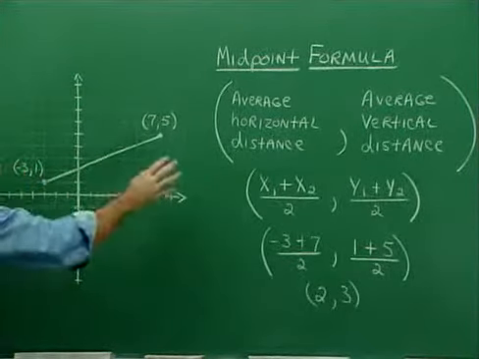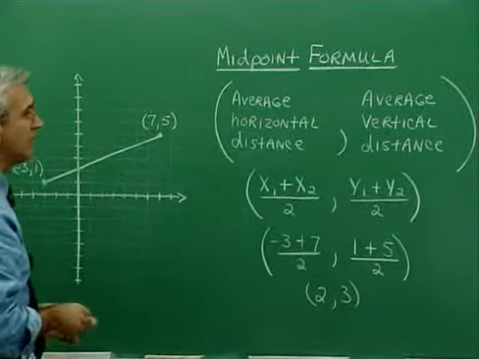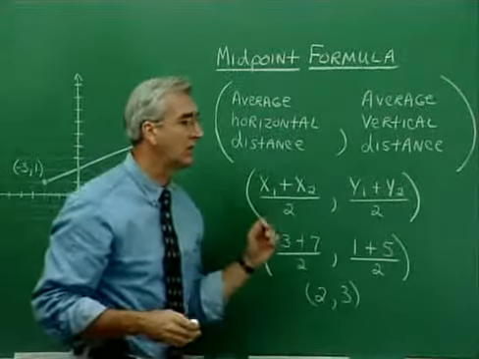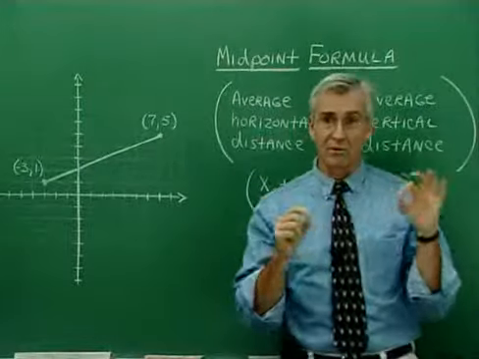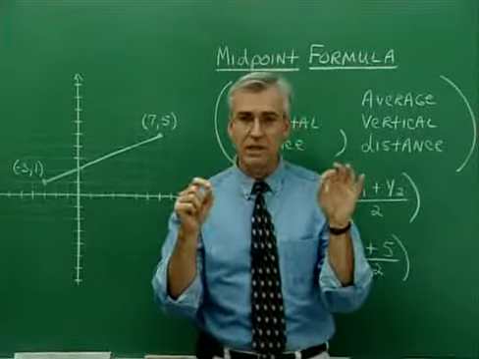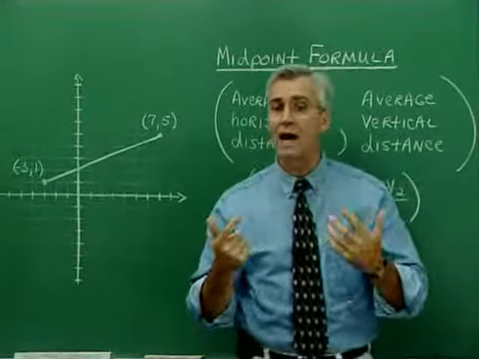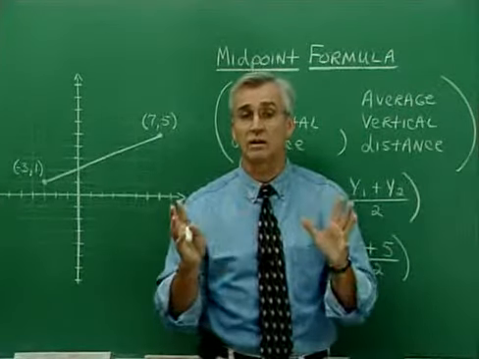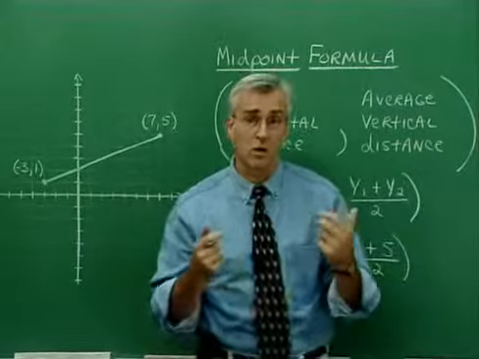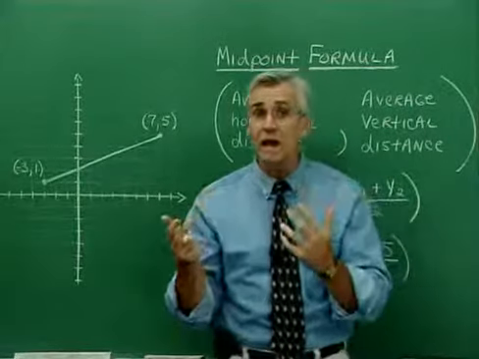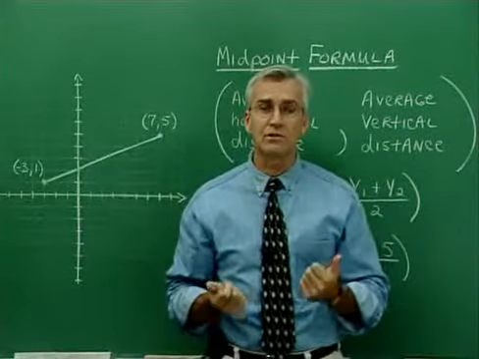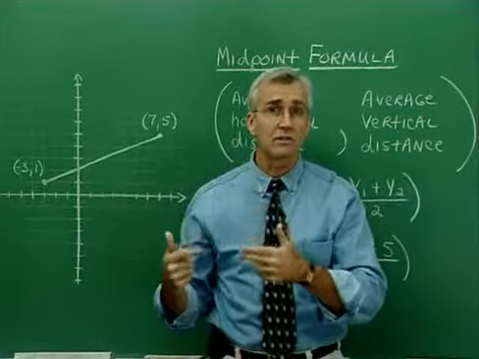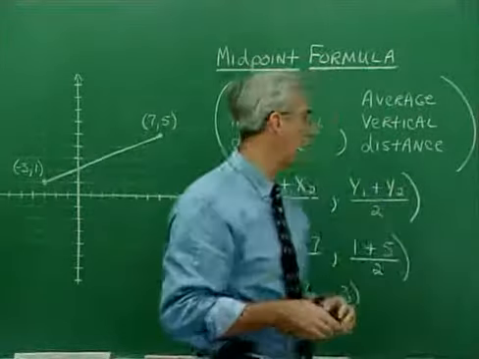And averages, you know, are calculated by taking some number of things and adding them and then dividing by the number of items that you have added. Now here we're just averaging a couple of horizontal distances and a couple of vertical distances. So we're adding two x values and we're dividing by 2 to get the average. And then you add a couple of y values and divide by 2 to get the average. And that's really all there is to it.